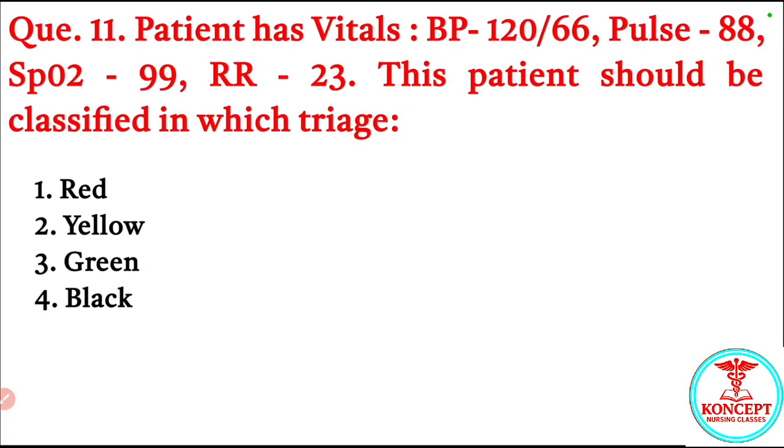Next, patient has vitals: BP 120/66, pulse 88, SpO2 99, respiratory rate 23. This patient should be classified in which triage? Red, yellow, green, black. Correct answer is option 3, green.